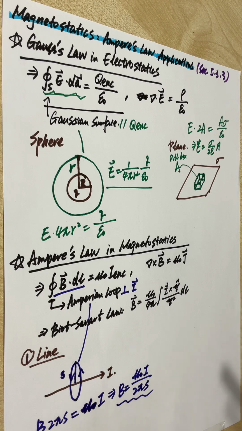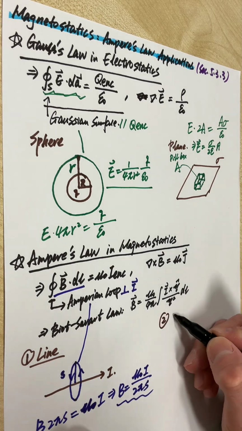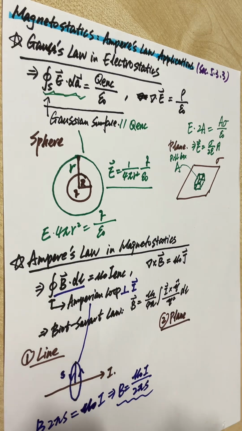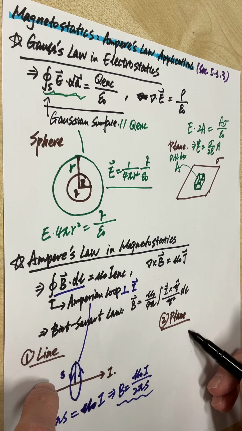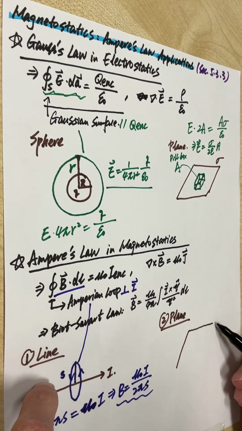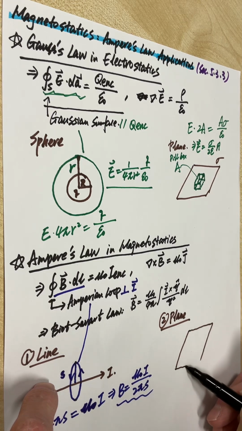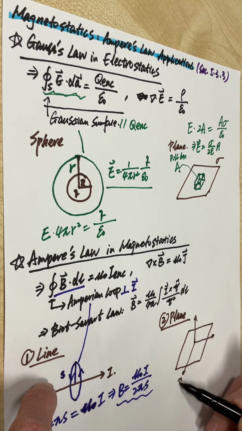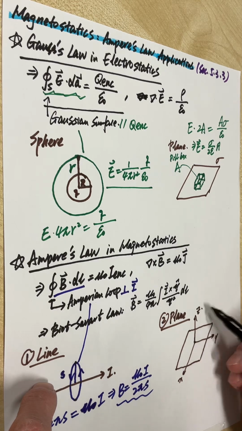The second example is a plane current. So if we have a plane here, I have the coordinates x, y, and z.